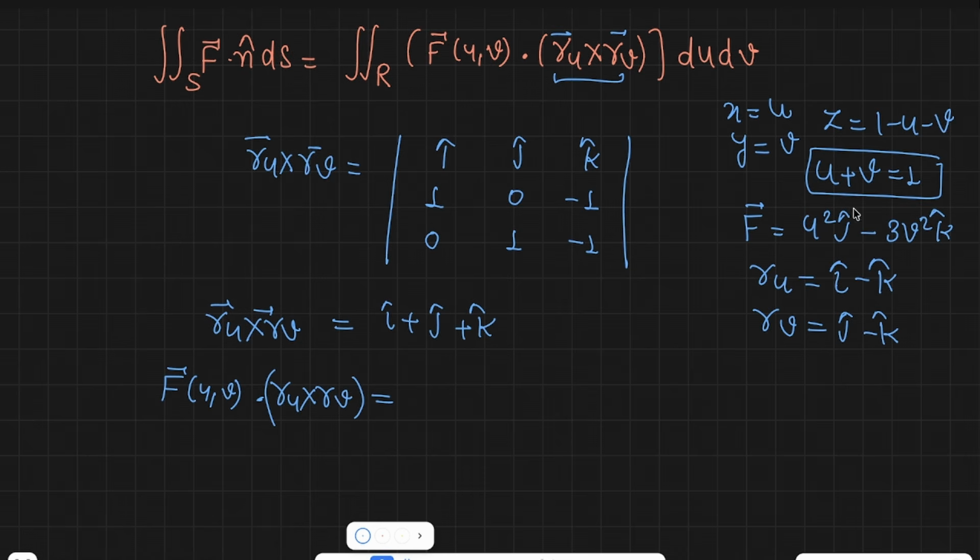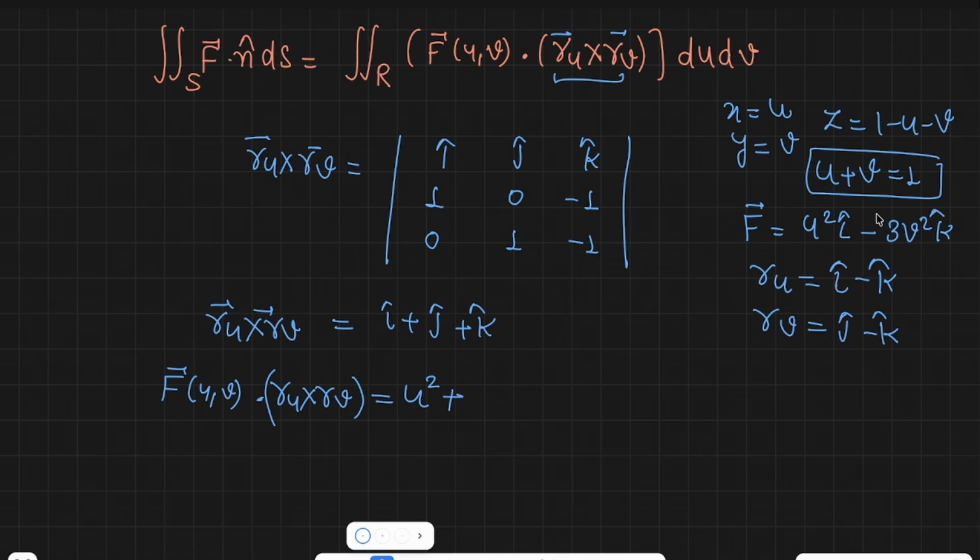So that is going to be i dot i will be 1, so it will be u square. Sorry, this is not j, it's i. The j coefficient is 0, so that complete term will be 0.